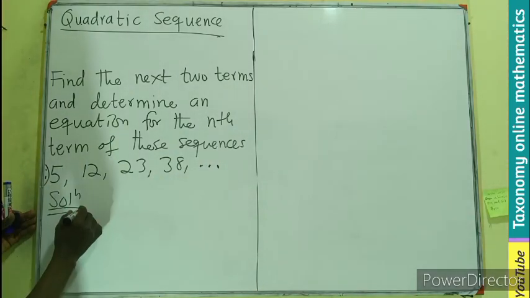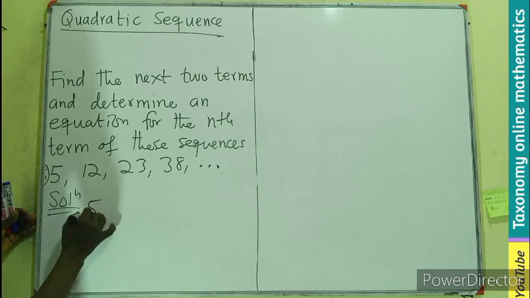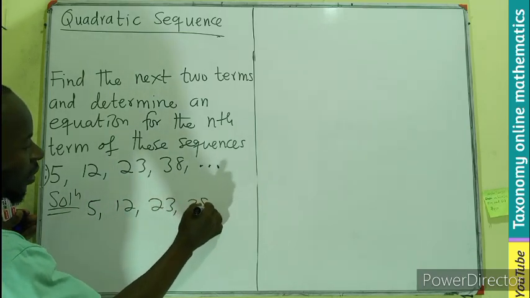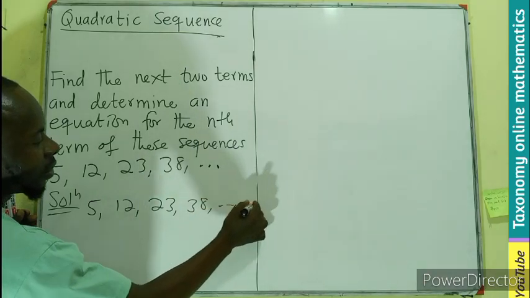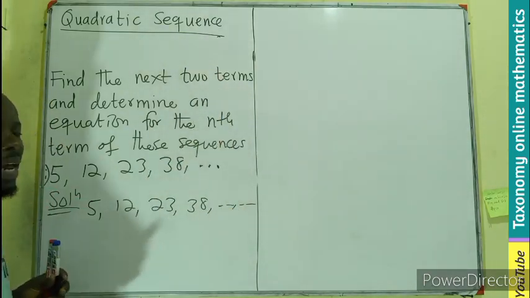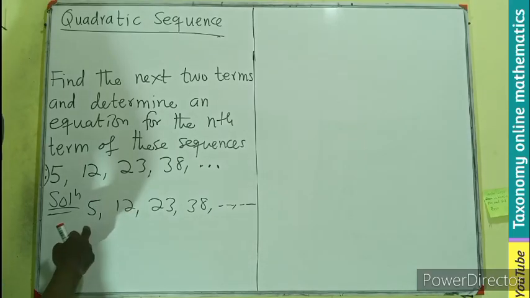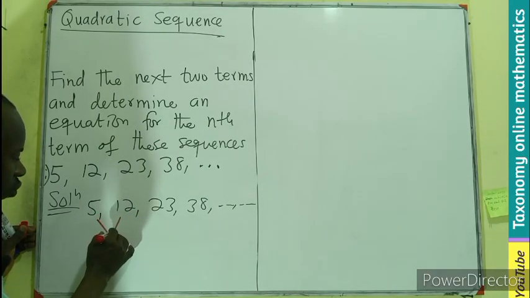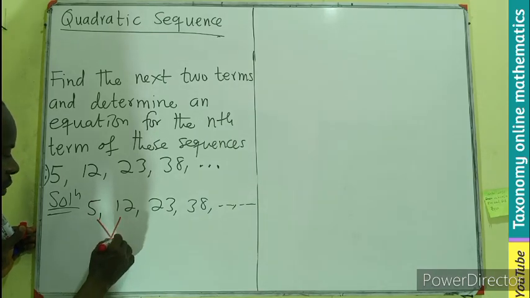So let's rewrite the point. We have 5, 12, 23, 38. We are looking for the next two, so let's leave that and see. In finding the common difference, we can see that between 12 and 5, we get 7.